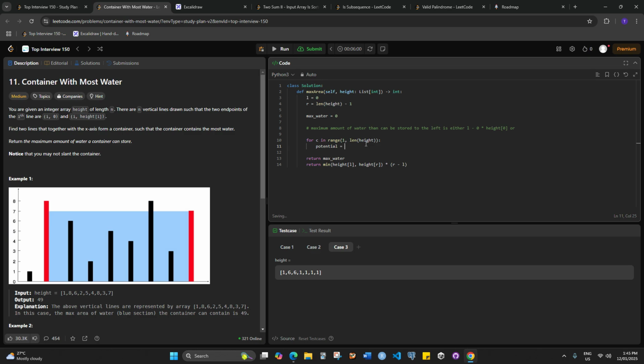The idea is that as I'm looping across, when I go from here to here, the max water will just be 1 because it has to be the minimum of the heights.